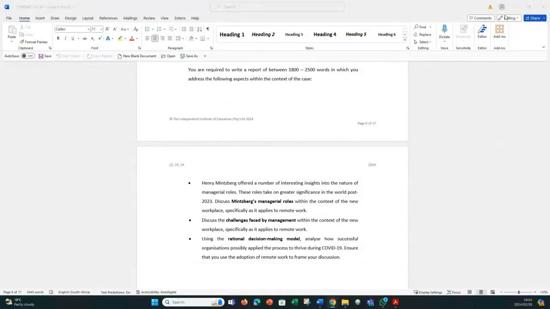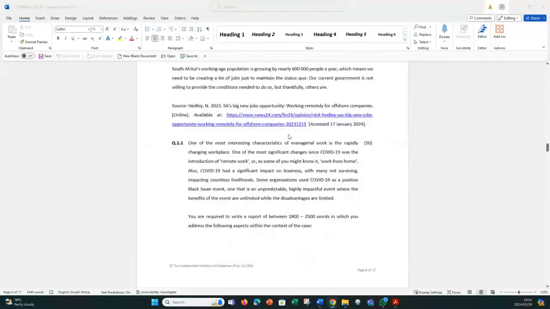I like the idea of multiple sources. We need to start critically looking at sources, and then obviously it is the way that we integrate it and link it to the case study. You'll see that the case studies I give are very comprehensive.